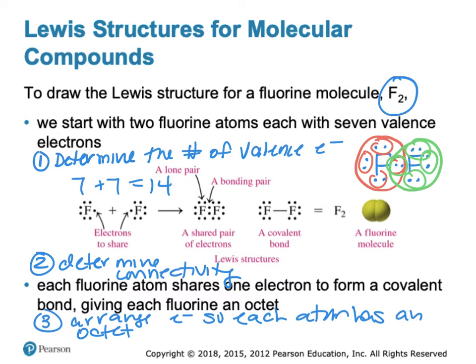Now let's make sure the total number of electrons present equals 14. We need to make sure of this because our Lewis structure cannot violate the total number of valence electrons. So we have 2, 4, 6, 8, 10, 12, 14. So we've drawn a good Lewis structure.